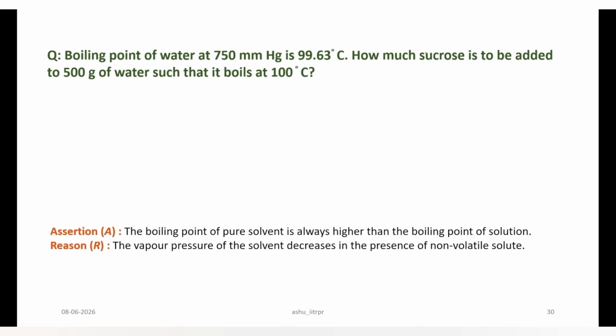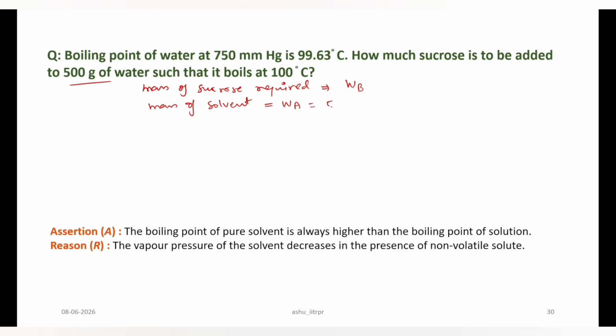So we have to calculate the amount of sucrose. Let us assume the mass of sucrose required is WB, because we have to calculate it. We know the mass of solvent, which is given as 500. So this is nothing but WA.